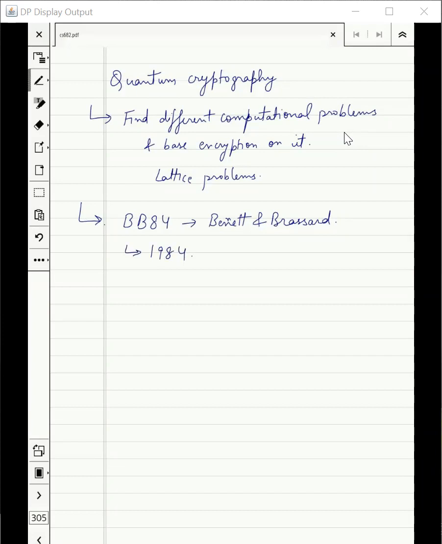Again, this was a surprising result, but very beautifully, it gave a way to distribute a secret. This is called quantum key distribution.